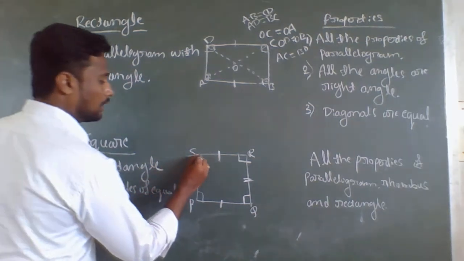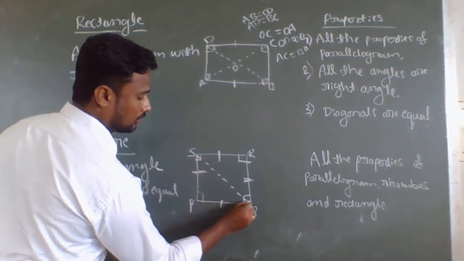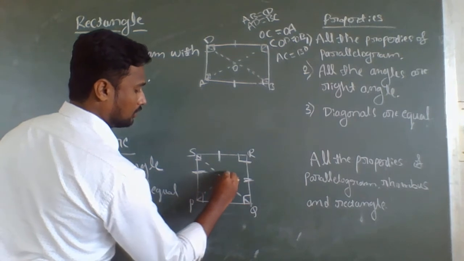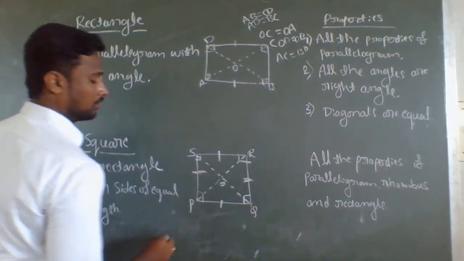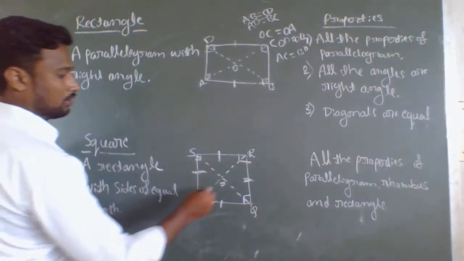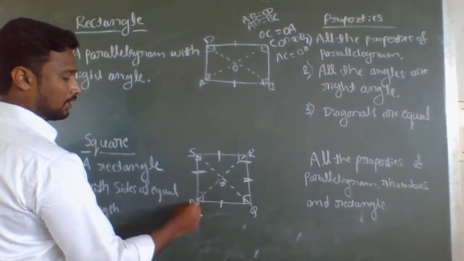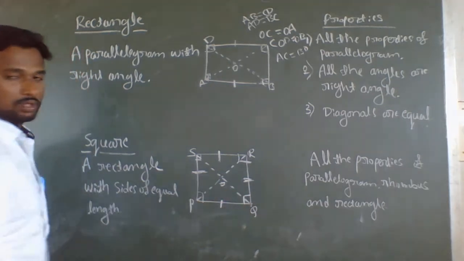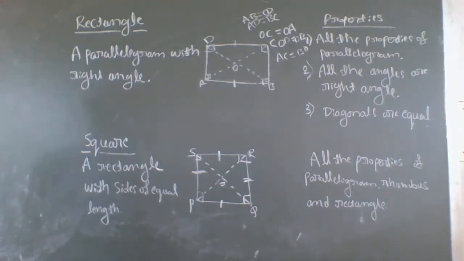And diagonals bisect each other. Suppose these are the diagonals PR and QS. Here OR is equal to OP and OS is equal to OQ. Diagonals bisect each other. And diagonals are perpendicular to each other.